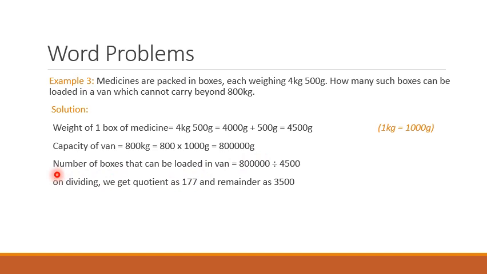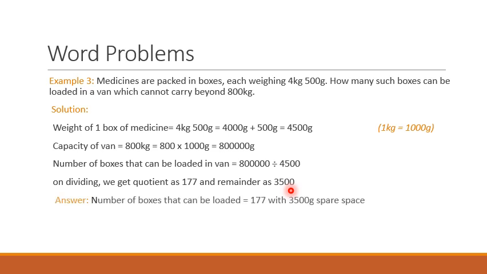Now to find the number of boxes that can be loaded in the van, we have to use the division operation. So 8 lakh divided by 4500. After division, we will get the quotient as 177 and the remainder will be 3500.